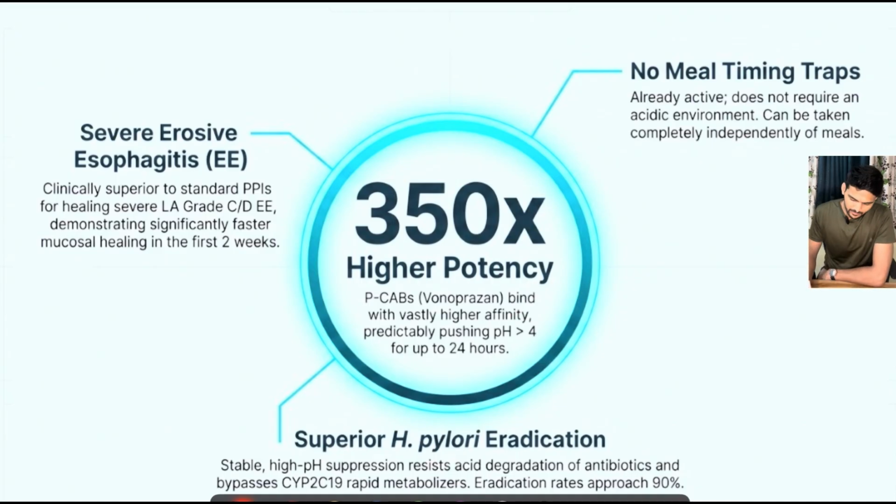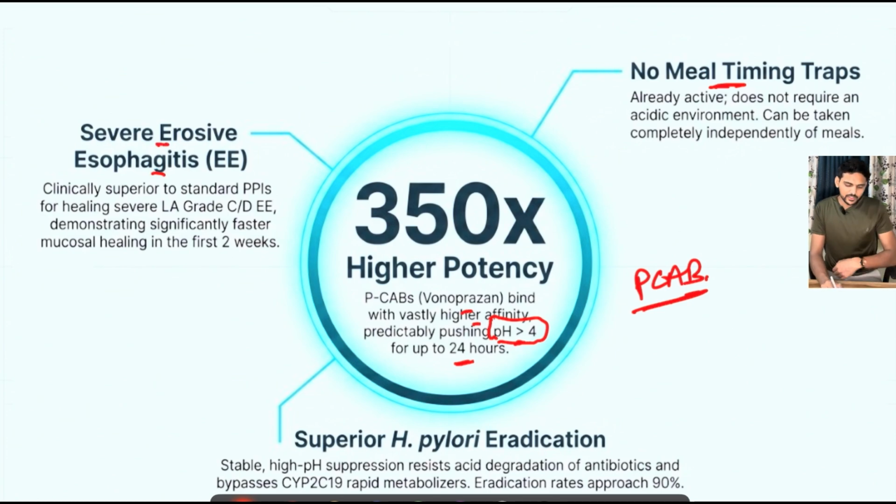Coming to the newer medication, that is PCABs, which is in talk nowadays everywhere, mainly vonoprazan drug. Remember a few points. It has very high affinity and potency as well, in the sense it can maintain the gastric acid suppressed by maintaining pH of more than 4 for up to 24 hours. So sustained action we can say, and there is no relation with the meal timings, as well as it is effective for severe erosive esophagitis.